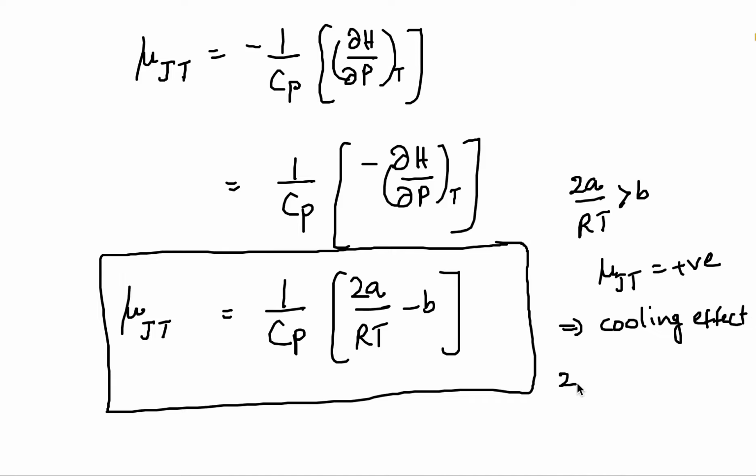And when 2A/RT is less than B, then μJT is negative. Which effect is that? Heating effect. But when 2A/RT is equal to B, μJT is going to be 0. That means there is no heating or cooling effect. It's an ideal character.